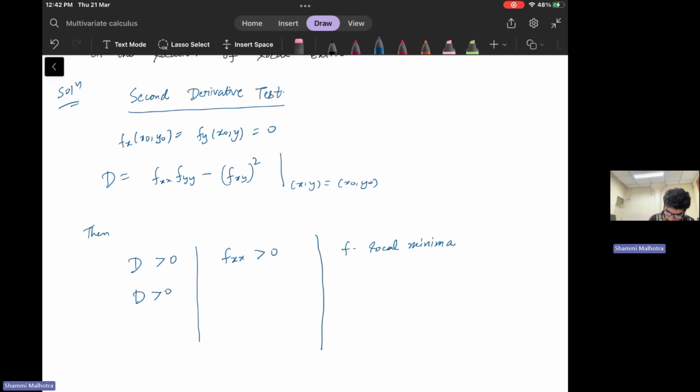Again, if D is positive and fxx is negative, f has a local maxima. If D is less than 0, f has a saddle point. If D is 0, the test is inconclusive.